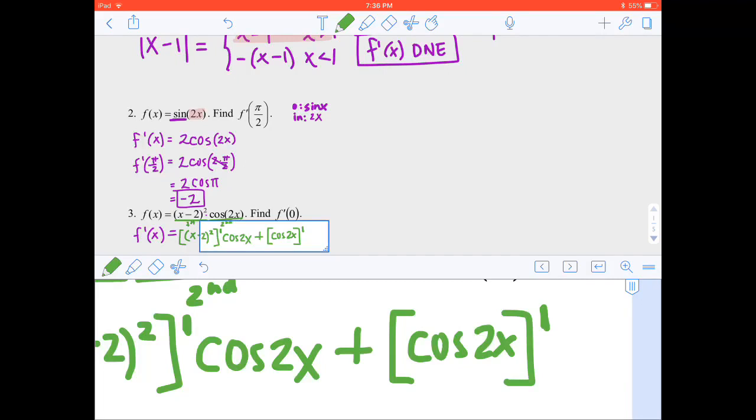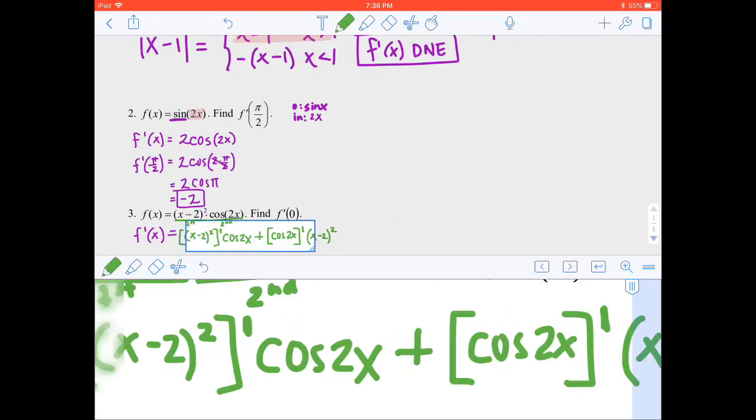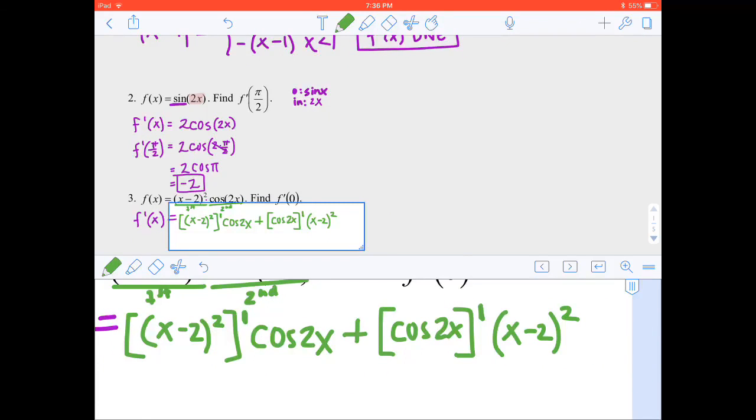So I'm going to do the same thing just so I can at least get through the whole product rule, and then I'll go back and find those separate derivatives. So we have the derivative of the second times the first. Okay, so that's our entire product rule. You want to make sure that you take all of the sections into account. So now I'm going to go back in and actually find these derivatives.